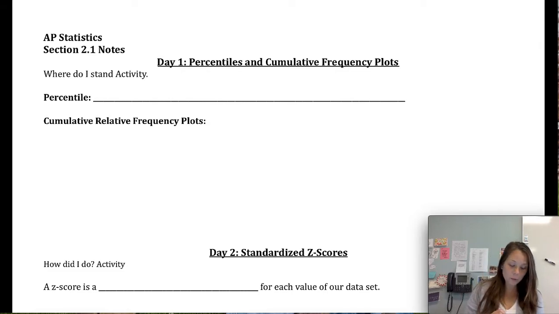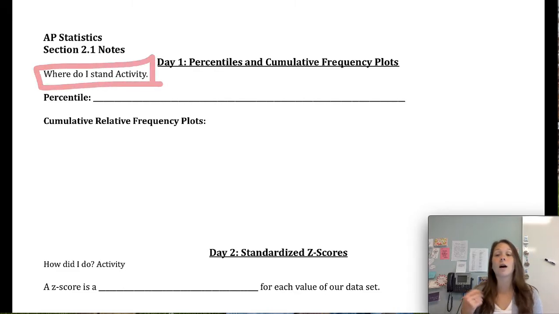There is a "where do I stand" activity that I might recommend doing for those of you who are doing this at home. These activities usually are ones that you can do on your own, or you can look at my key and at least review what you would have covered if you were doing this in class.